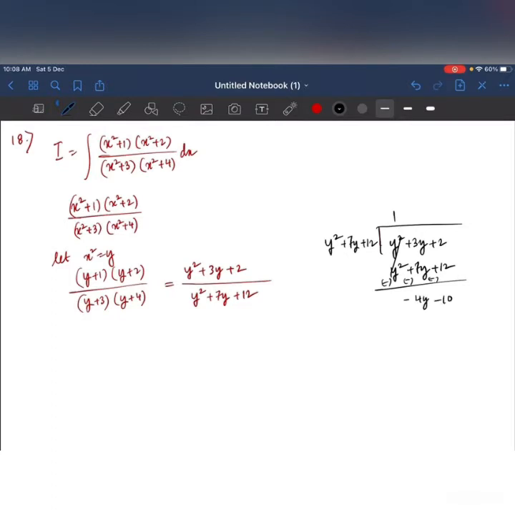Now we cannot do further division because the degree of y here is 2 and the degree of the remainder is 1. So minus 4y minus 10 is the remainder. We write 1 as the quotient, plus minus 4y minus 10 divided by y square plus 7y plus 12.